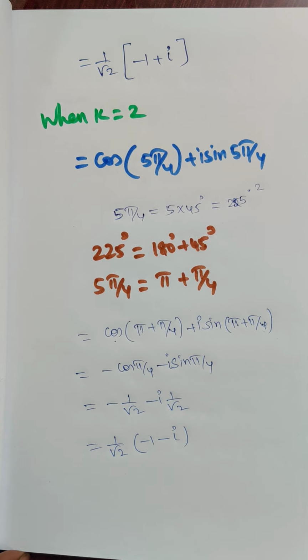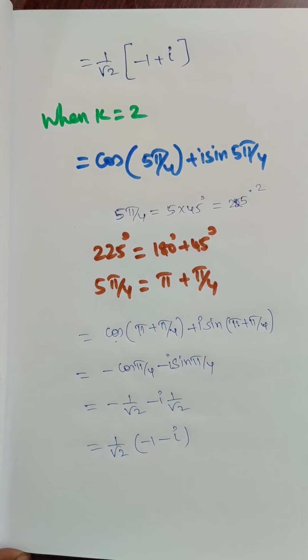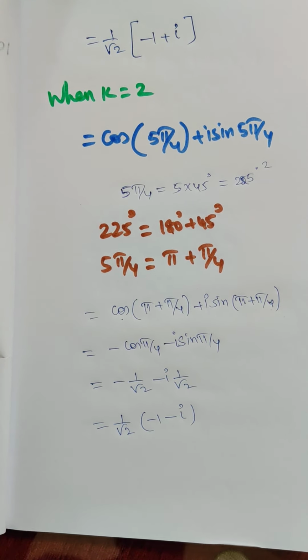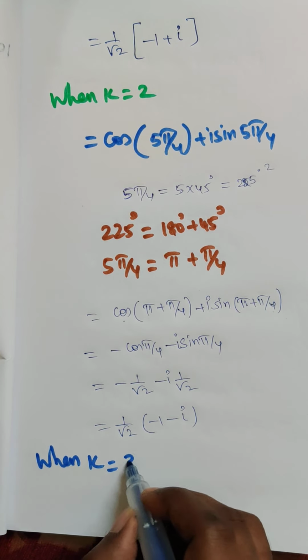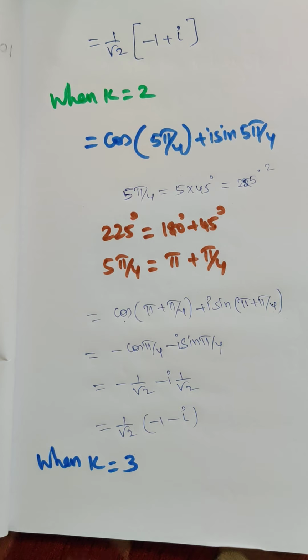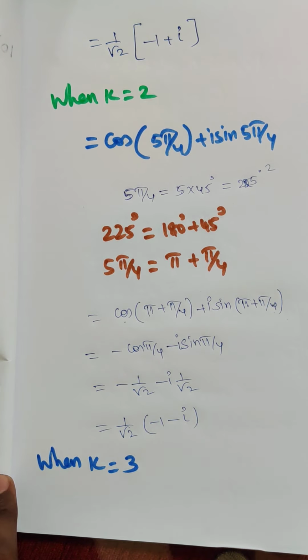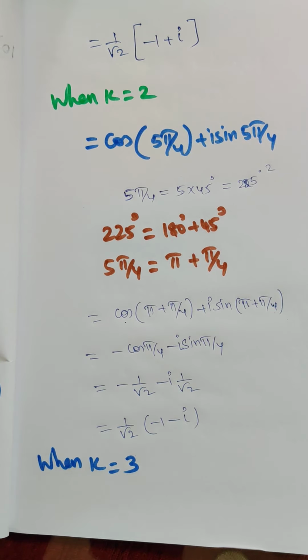The next one, when k is equal to 3. So already you know that cos of (2k plus 1) into pi by 4. So applying k equal to 3, 2 into 3, 6 plus 1, 7 pi by 4.